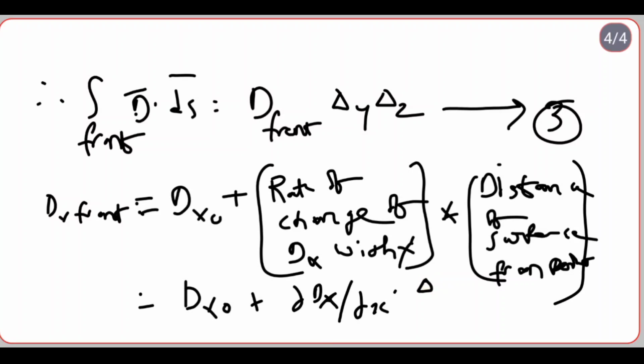It is the corner, it is the origin. At the origin the point P, delta x by 2 is the distance. This is the delta x. So dx front, the electric flux density in front direction, is dx naught plus dou dx by dou x into delta x by 2.